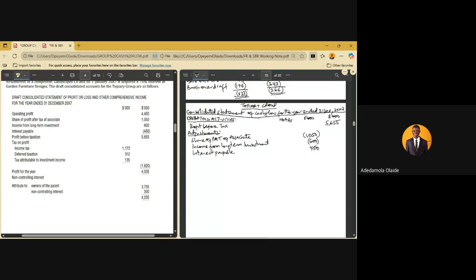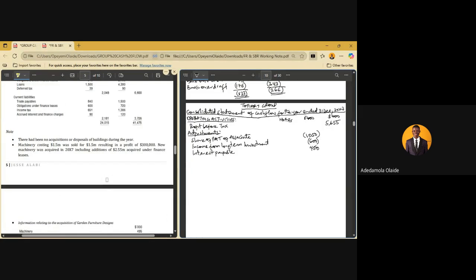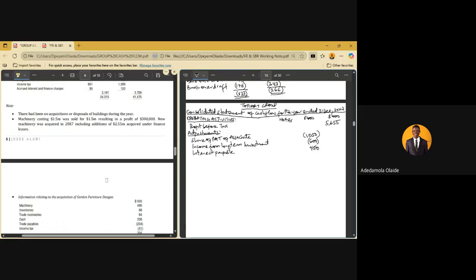After that, we look at the additional information. Is there anything there that can help us? No acquisition or disposal of building during the year. Good for us. Machinery costing 1.5 million was sold for 1.5 million, but resulted in a profit of 300,000.